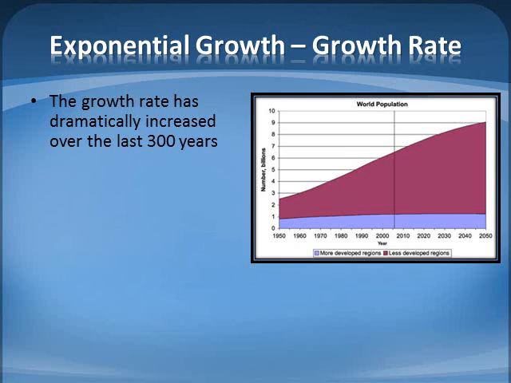So populations in places like China and, well, not so much China anymore, but say India, are rising incredibly quickly and will continue to do so as their living conditions improve.